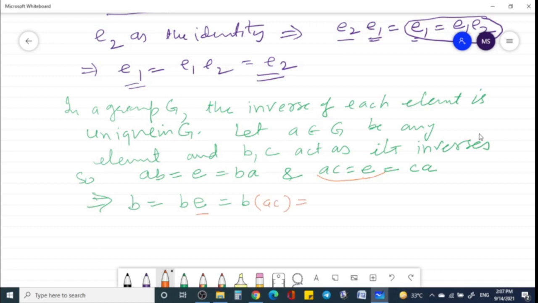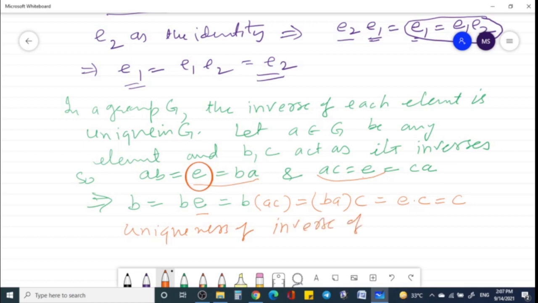If we take the associative property, then it is (BA)C. Now BA can be taken as the identity here. So this is E C, and this is C. So this proves the uniqueness of the inverse of each element.